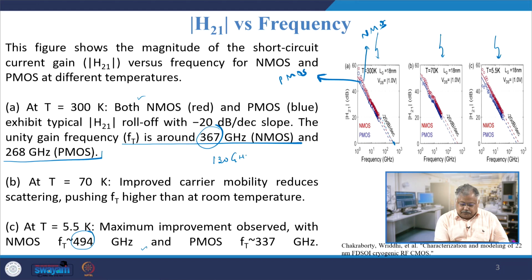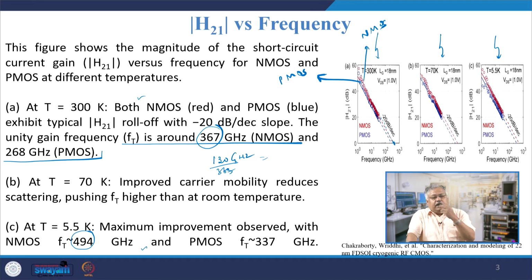If you divide 130 by 367, this comes out to approximately one third, about 33% improvement, which means that if you do not make any changes in the device characteristics, I would expect to see a larger variation in the value of H21. In case of 5.5 Kelvin I get a much better improvement in the value of H21, and this is primarily to do with enhanced currents, and that is also because of reduced scatterings.